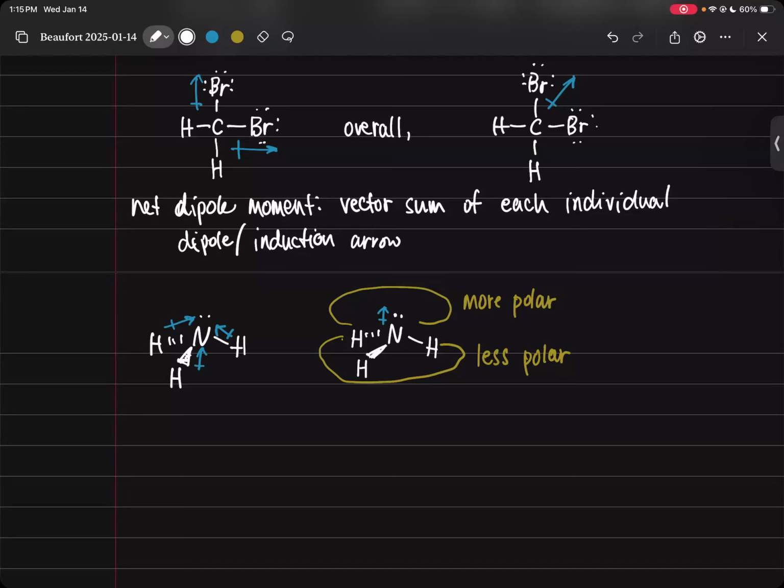How do we feel about those arrows? I'm not going to ask you to draw a ton of them or do any silly vector math, but there you go.